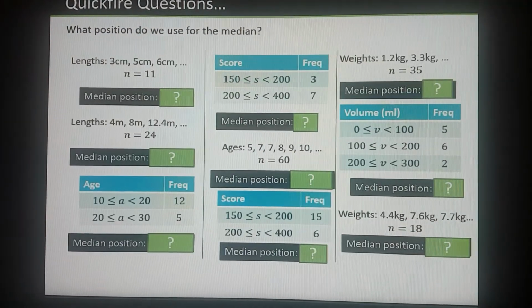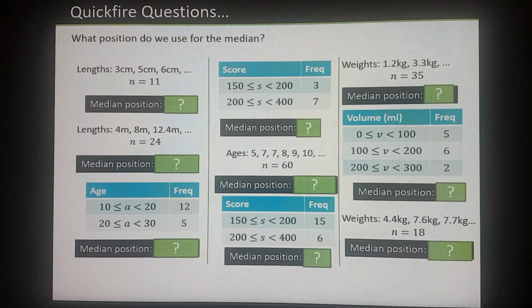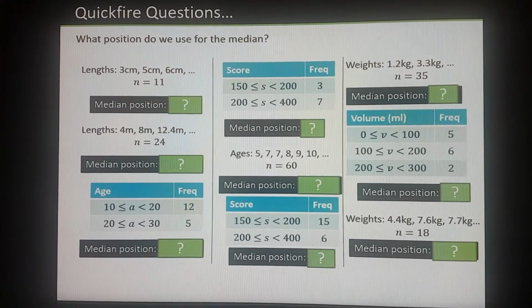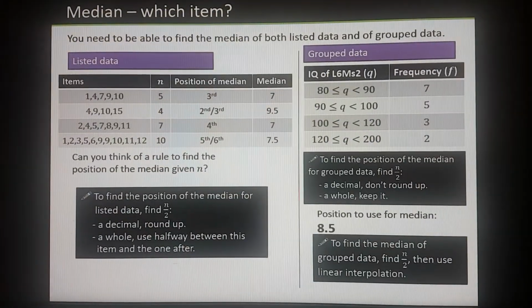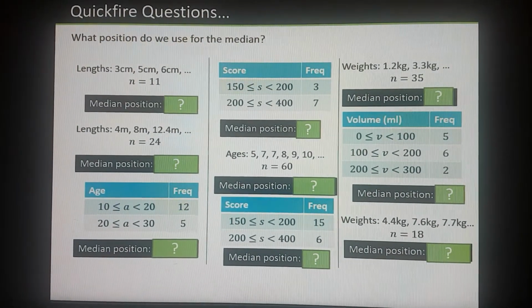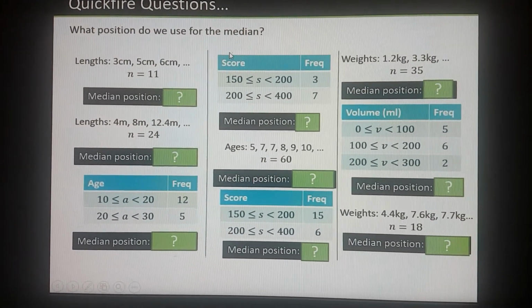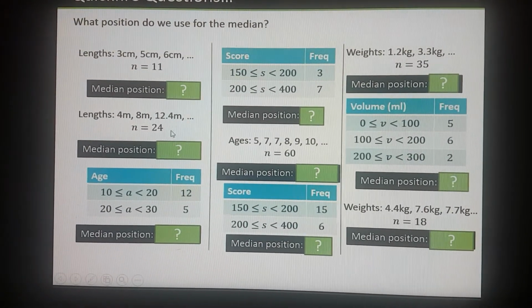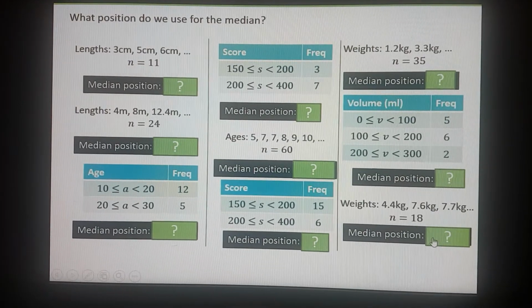Those are some example questions, just quick questions. So you just need to know and practice which one is listed data and which one is grouped data. So we know this one is, for example, pause it now. Okay, you've done it. So this one is listed data, listed data, listed data, listed data.